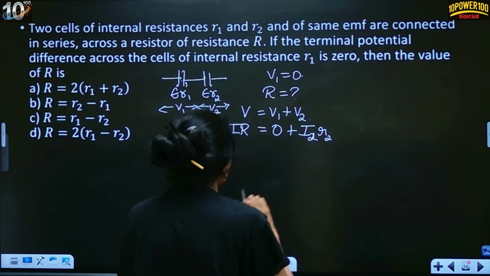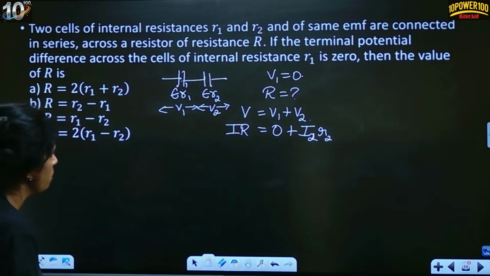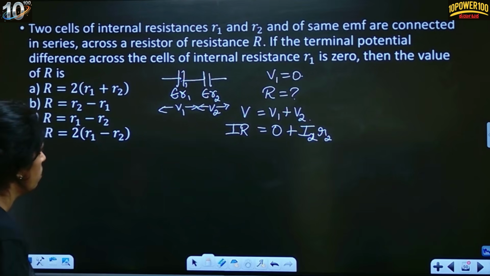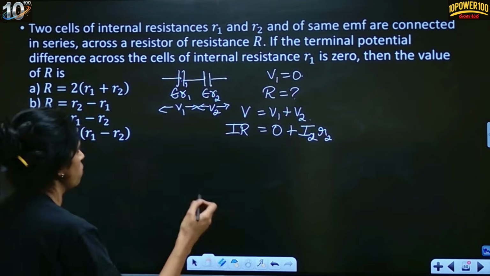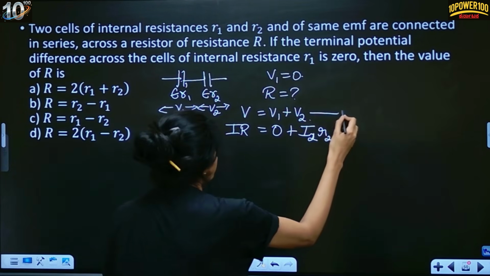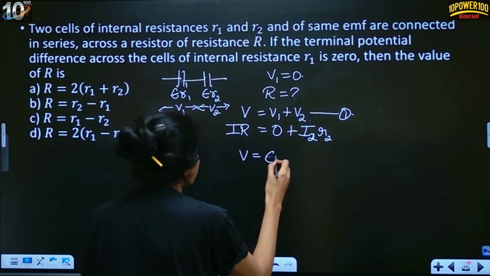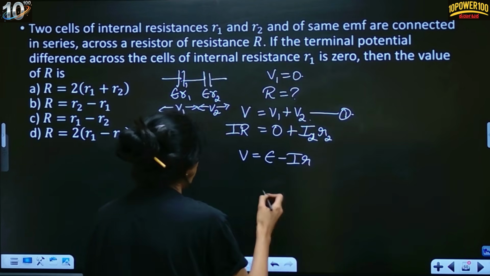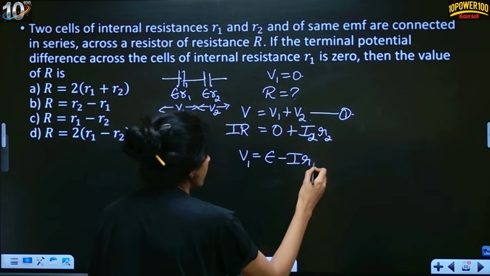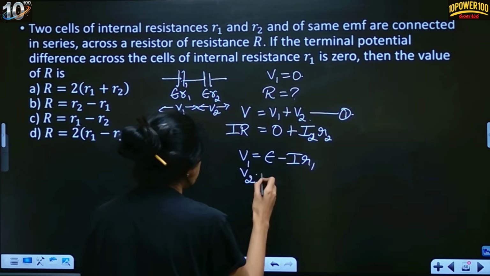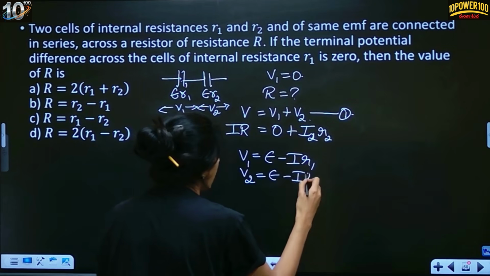Similarly, the next equation we have is V equals E minus IR. So V1 equals E minus I times R1, and V2 equals E minus I times R2.